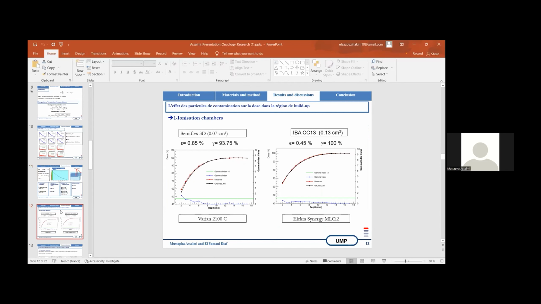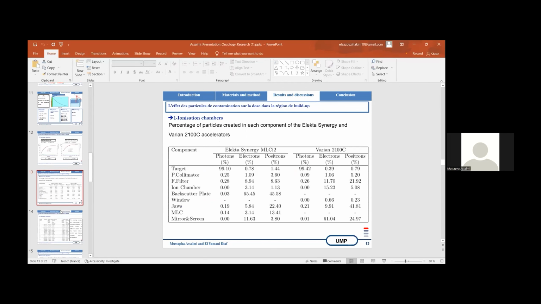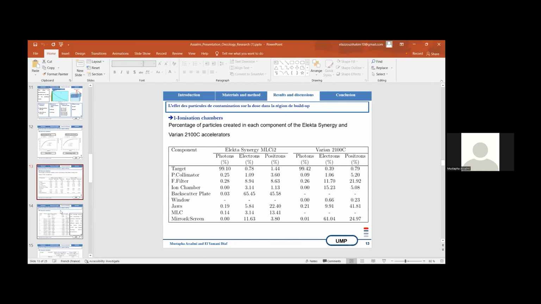It's clear that the difference between simulation and measurements decreases with depth due to the appearance of contamination particles. These particles are created by the interaction of photons with the components of the Linac. The photons are created by the interaction of accelerated electrons with the target.